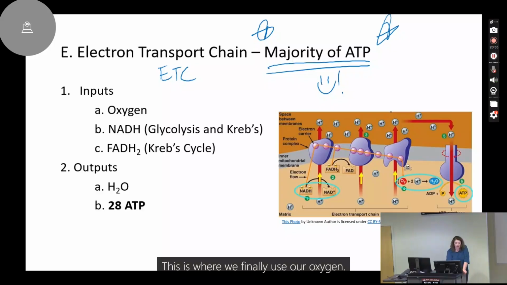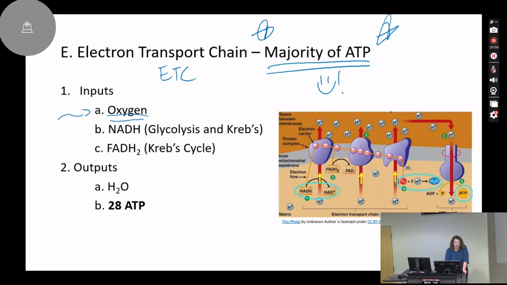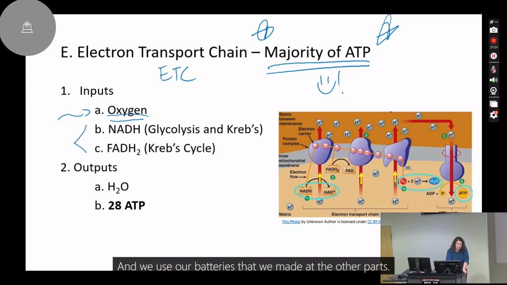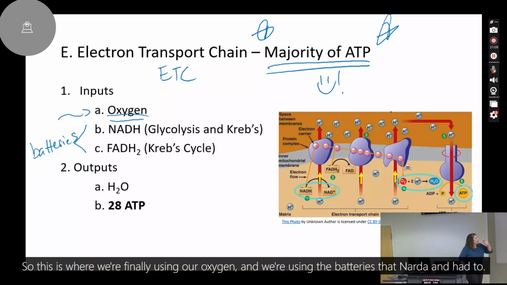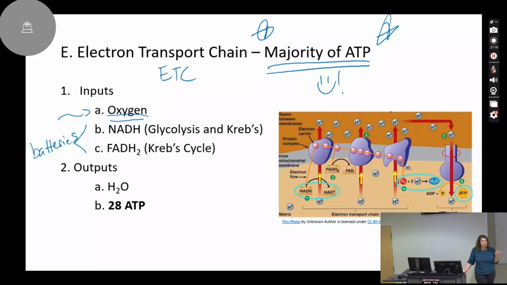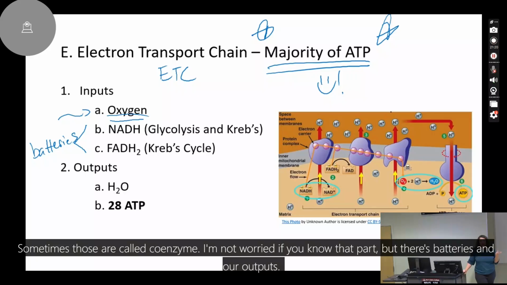This is where we finally use our oxygen, and we use our batteries that we made at the other parts. So this is where we're finally using our oxygen and we're using the batteries, that NADH and FADH2. Sometimes those are called coenzymes.